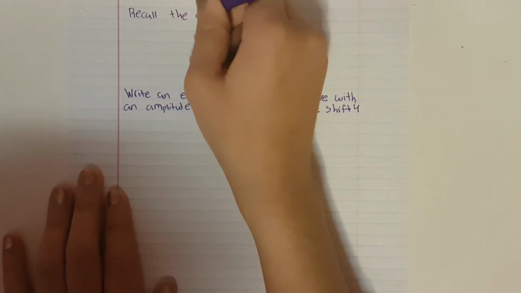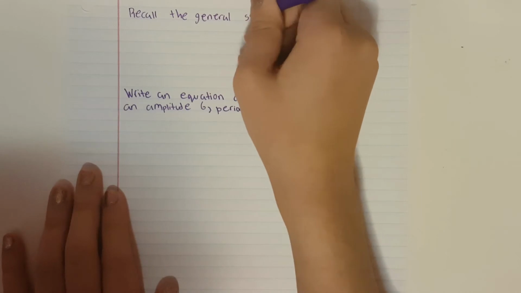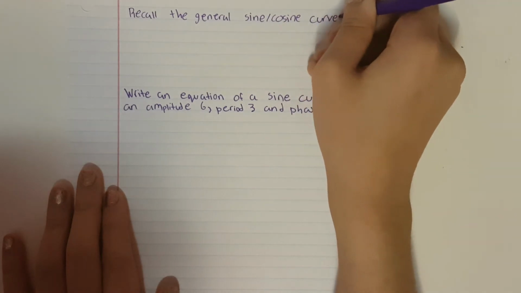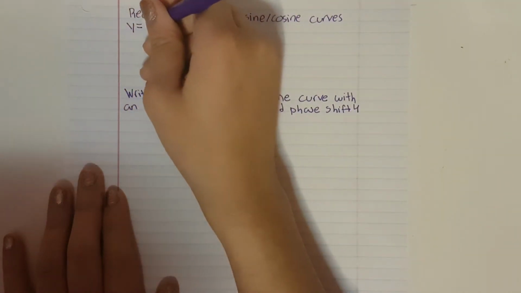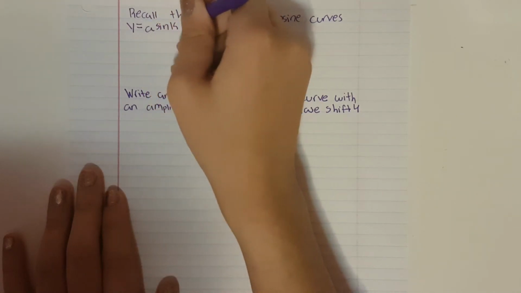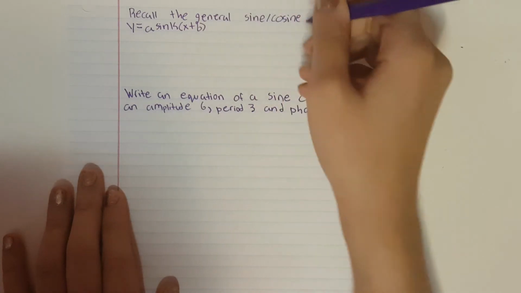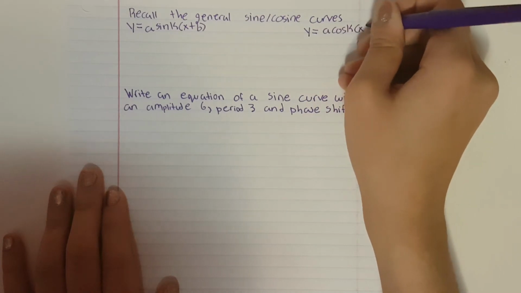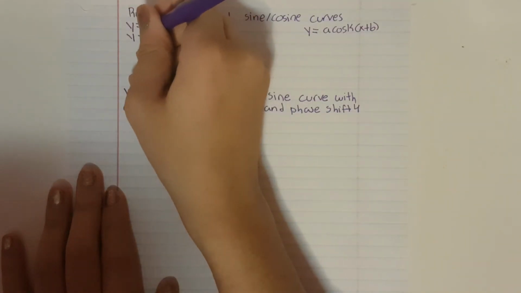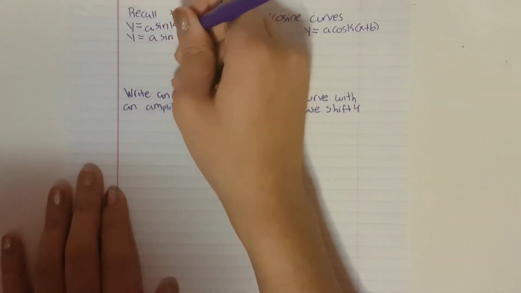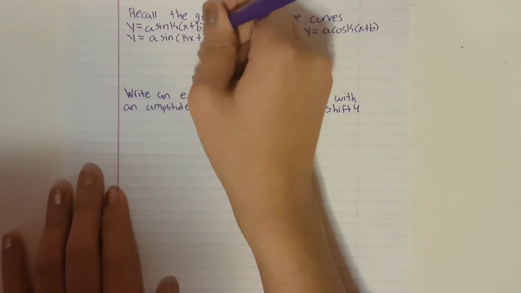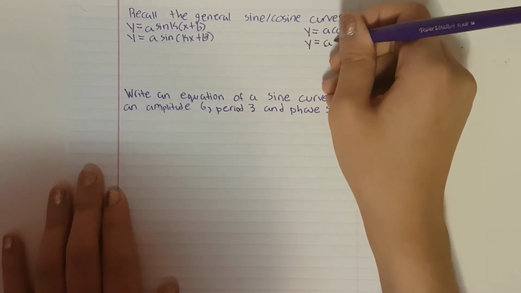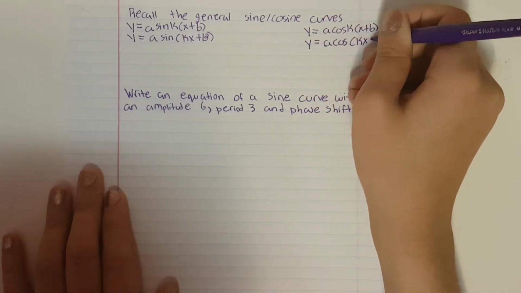Right now I'm going to recall the general sine/cos curve, which is y equals a sine kx plus b, and y equals a cos kx plus b.